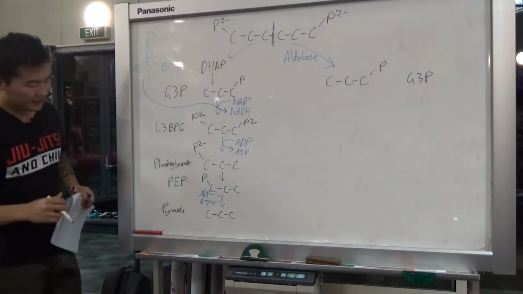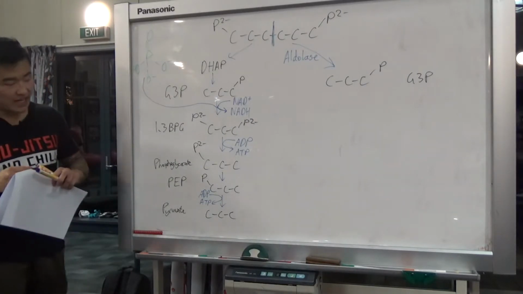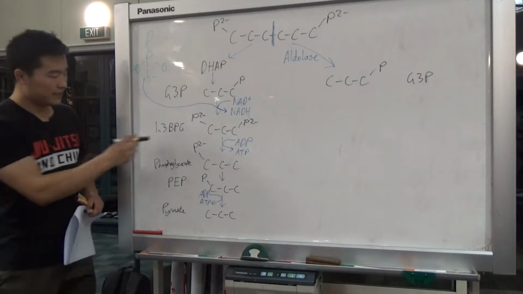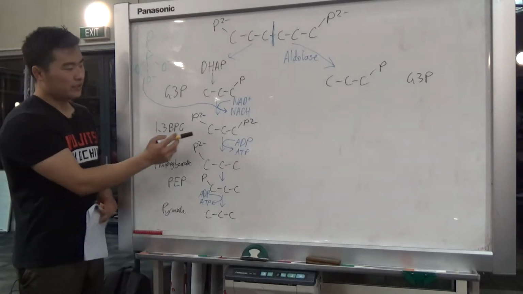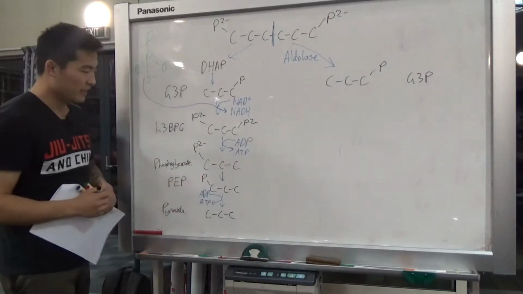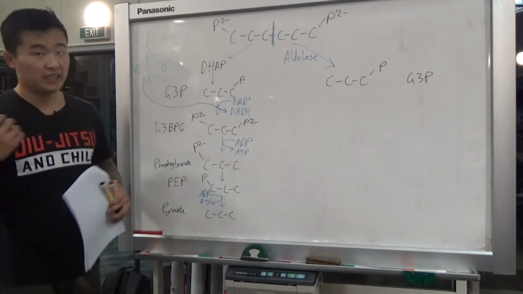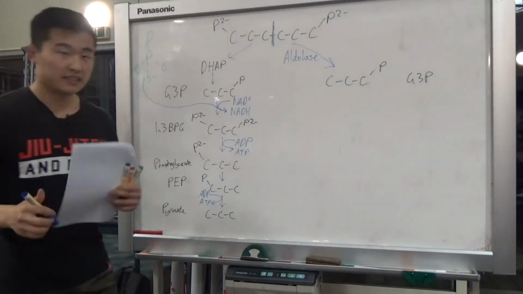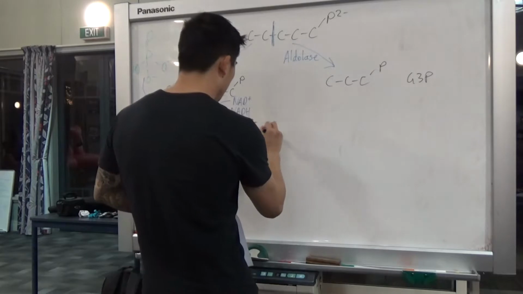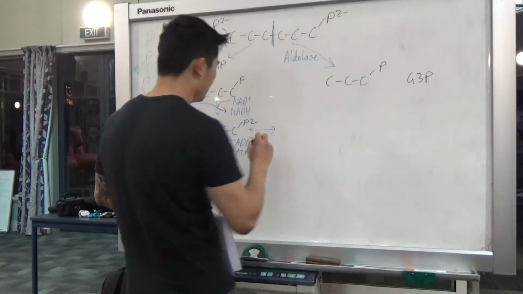Okay, so that's basically glycolysis. Now, at this stage here, 1,3-BPG, this can go down an alternate pathway. So as part of the regulation of glycolysis, it can be, so this is a reversible reaction.